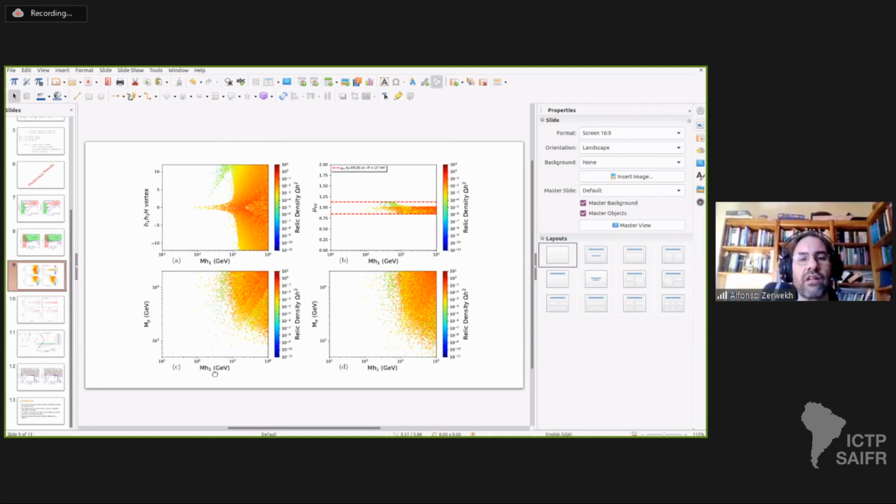Here we have the mass of the dark matter candidate and the mass of the dark gauge bosons, and you can see that in order to reproduce the relic density, we need heavy dark matter and also very heavy gauge bosons, of the order of 10 TeV.